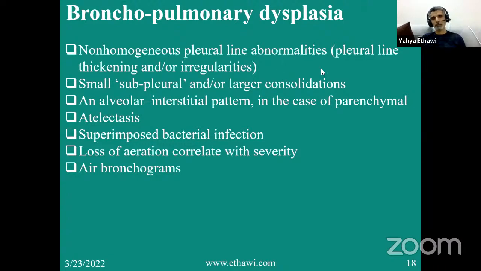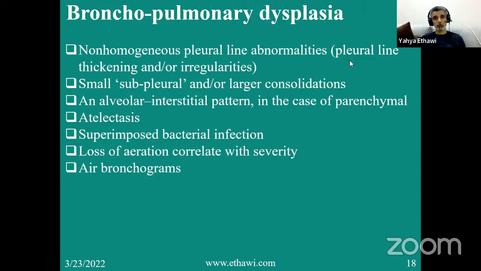So we're talking here about the old bronchopulmonary dysplasia that involves the lung tissue. So you'll see non-homogeneous pleural line abnormality. It will look more or less like meconium aspiration. However, it is an older baby already on a ventilator, 1 month, maybe 36 weeks, 32 weeks, an older baby.